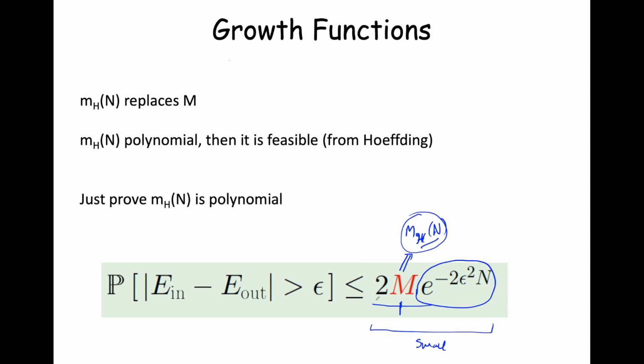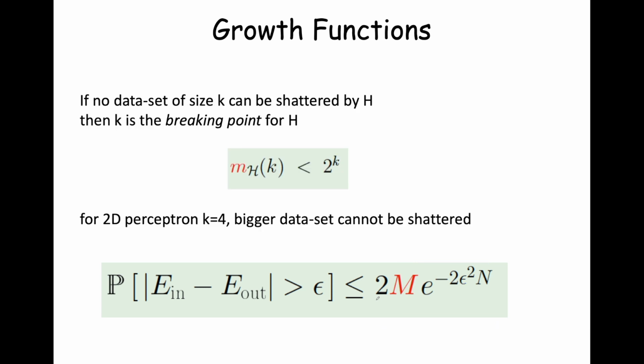And so now if we want to prove that learning is feasible, all we have to prove is that this growth function, replacing this complexity measure M, is polynomial. Okay, so we're going to introduce more terminology.